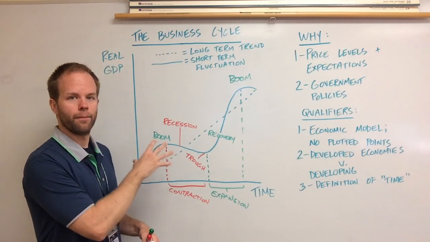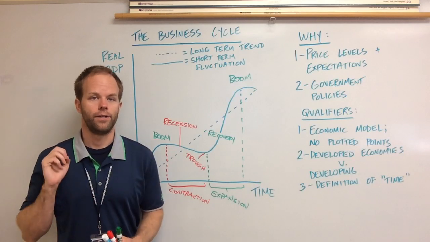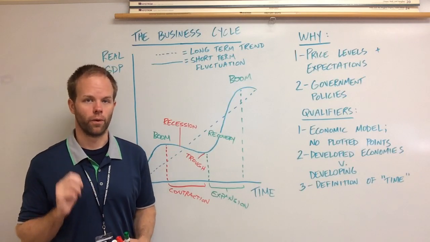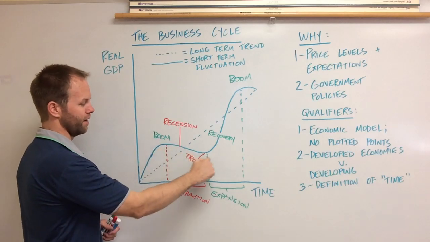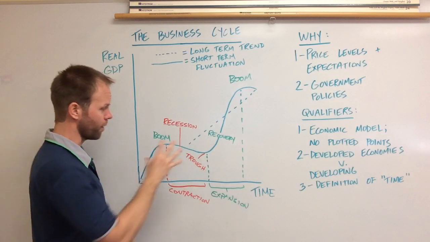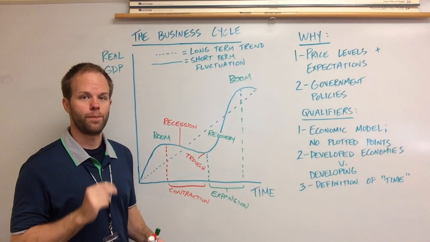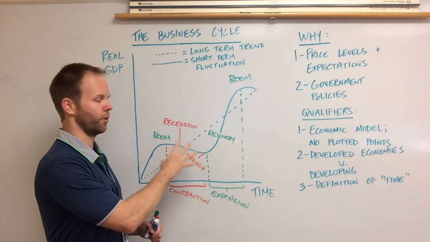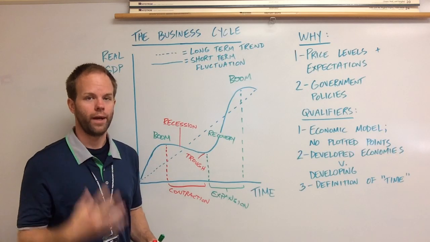Another useful thing about this diagram is it helps us to distinguish between a decrease in economic growth, right? A decrease in economic growth is when we have a downsloping line. We have a recession, we have a contraction. That's a decrease in economic growth. We need to be able to distinguish between a decrease in economic growth and a decrease in the economic growth rate.